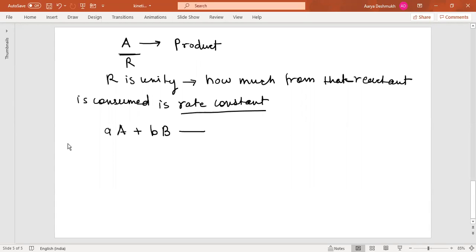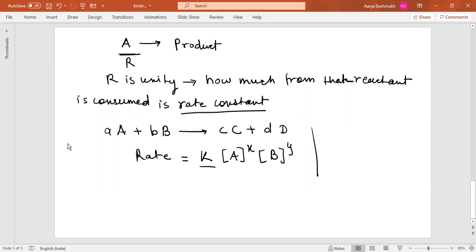If I have an elementary reaction like this, the rate can be written as K into concentration of A raised to X into concentration of B raised to Y. We'll be discussing order of the reaction later on. X plus Y is nothing but N, the order of the reaction. I'll discuss this in detail afterwards.